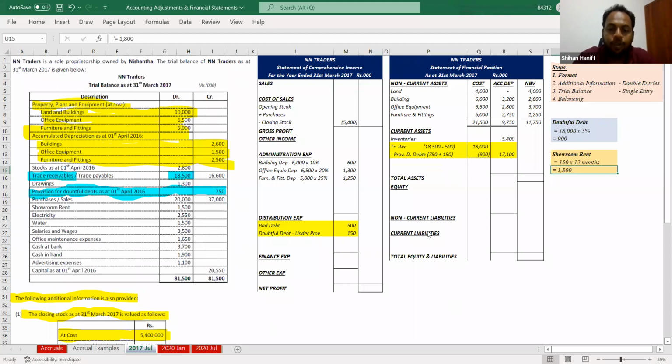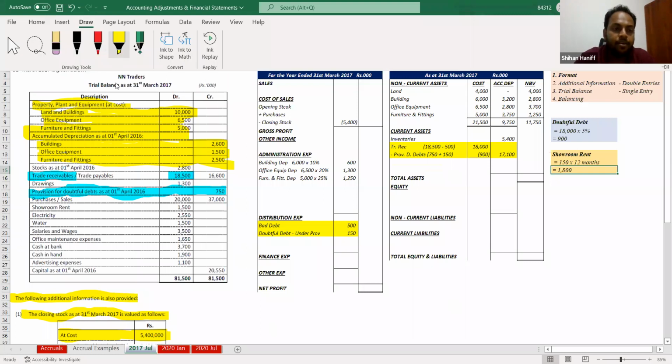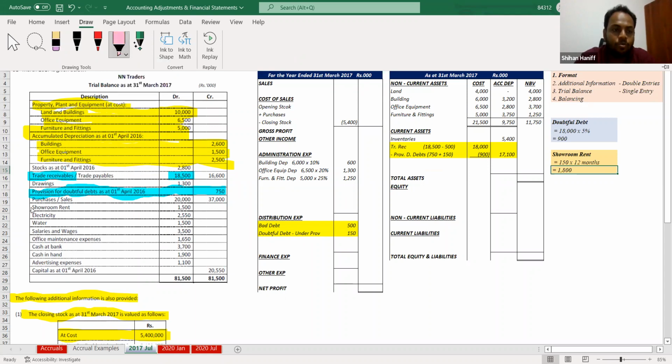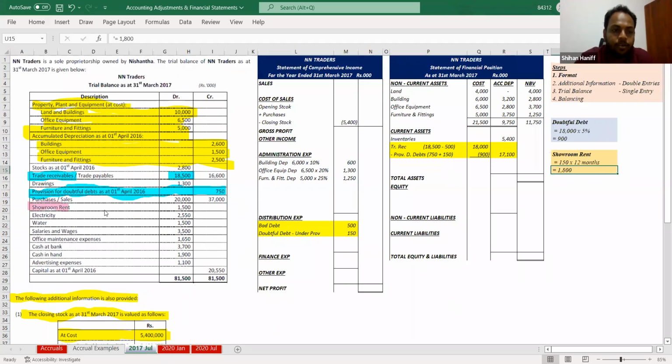Okay. Now we can see how much showroom rent is paid. Only 1,500 is paid. So this is a distribution expense.